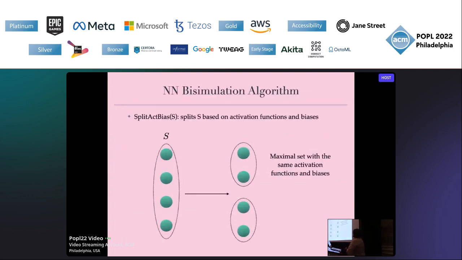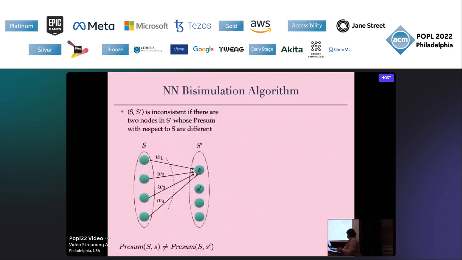The first one is this operation called split act bias, which given a set of nodes is going to split that set into subgroups such that the nodes in each of the subgroups have the same activation functions and the same biases. So it groups them into maximal sets which have this property. The second one is the notion of an inconsistent pair.